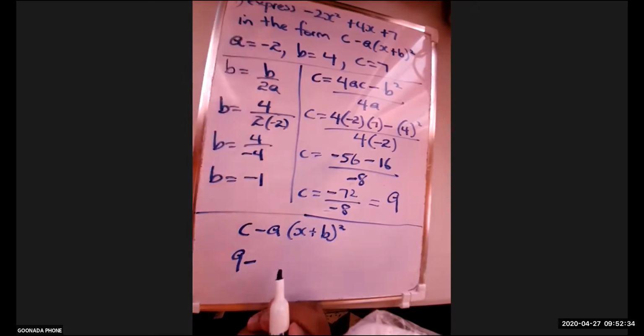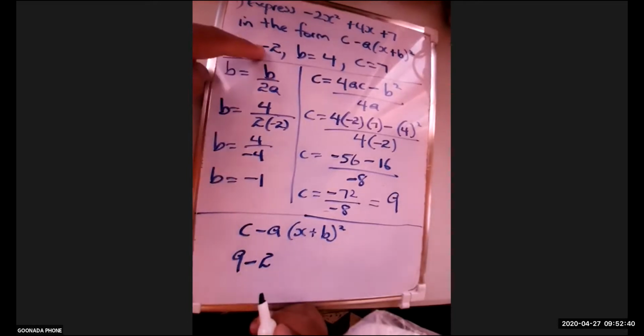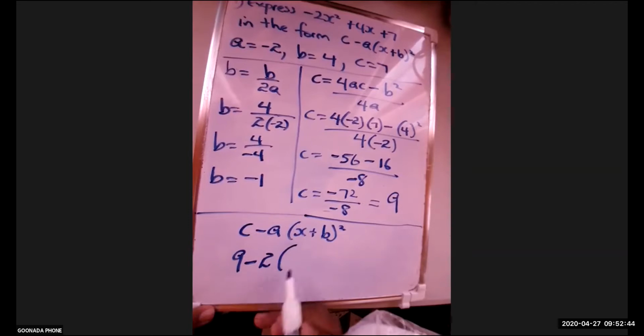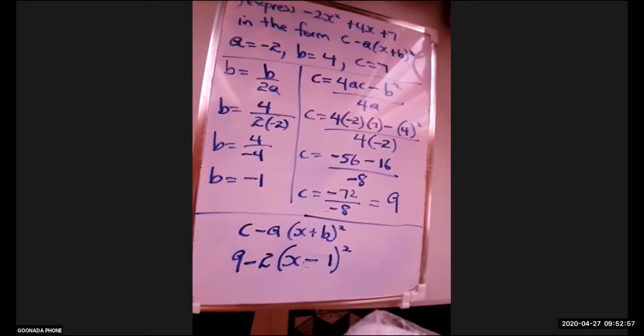I gave you that in a note, and I told you I'll explain it when we do this question. We're only taking 2, not -2, because there's already a negative here. All into (x plus B), which is -1. A plus by a minus gives us a minus, so we could change this to (x - 1) squared. And that's our answer.